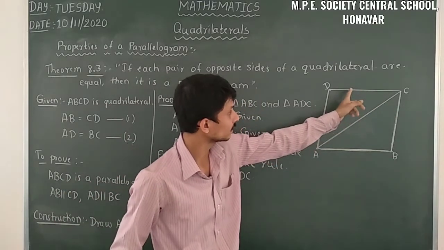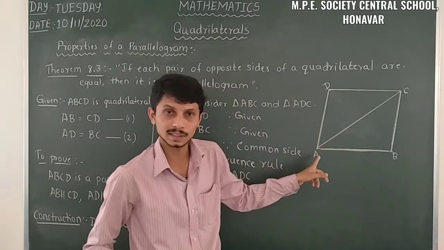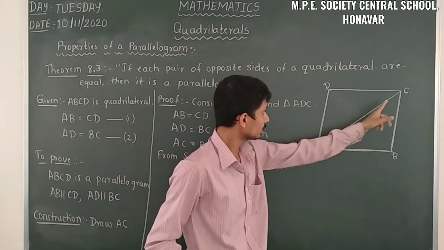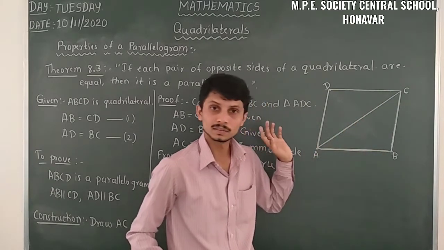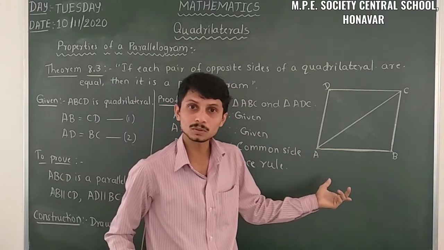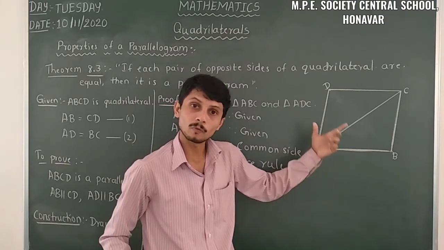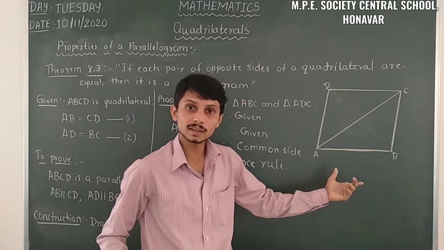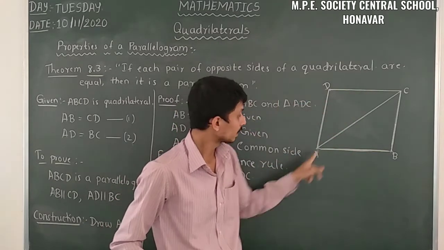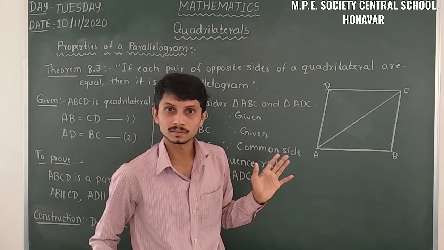When we consider AC as a transversal, here it becomes angle ACD and angle CAB. Those two are equal. It becomes a CPCT for those two triangles. Also, it becomes the alternate interior angles when AB and CD are parallel and AC is a transversal.